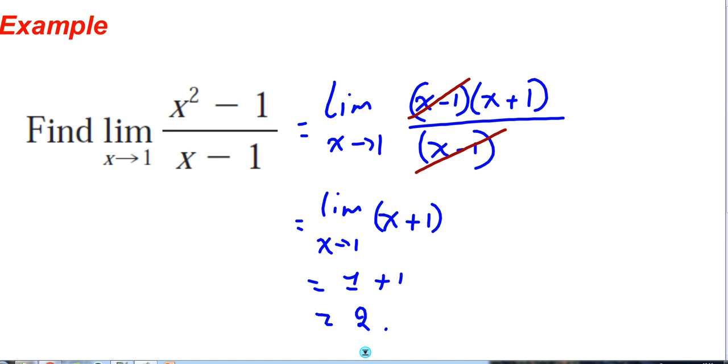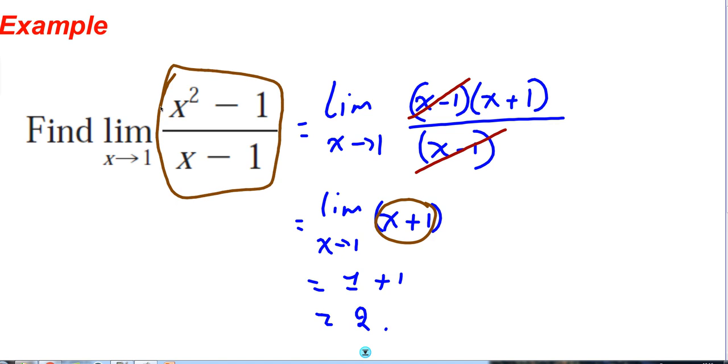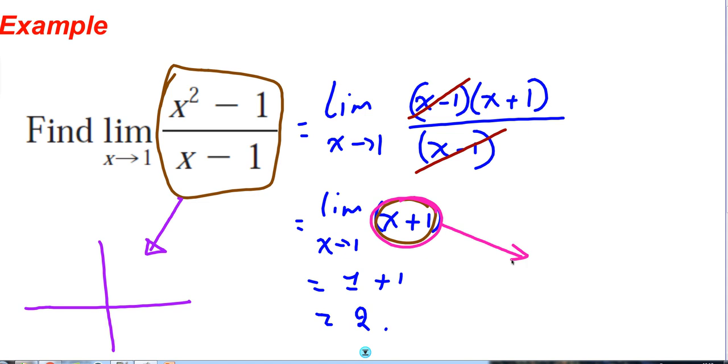I want to say a little bit about the difference between this function and this function. What is the difference between the two? Let's begin with this function. For this function here, we know it is a straight line, x plus 2.